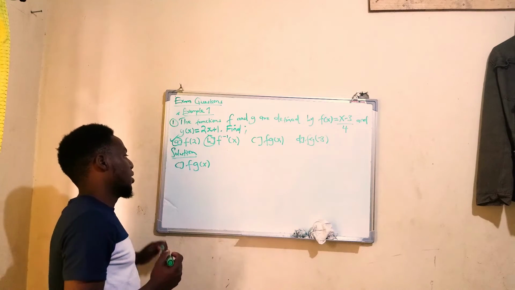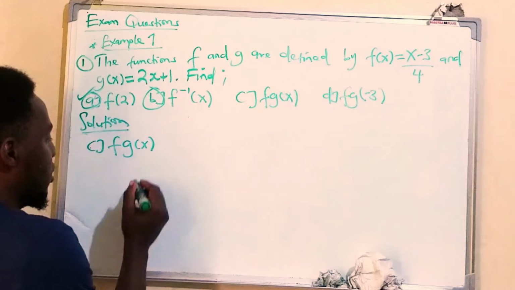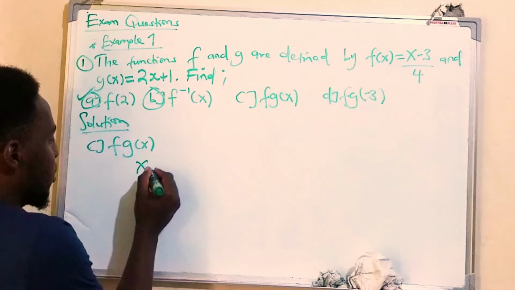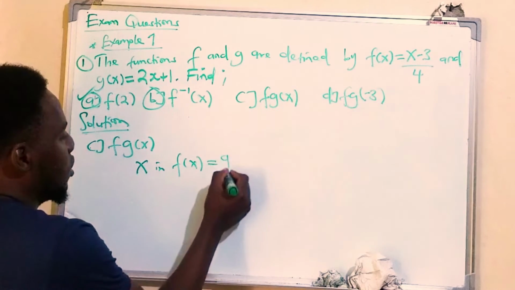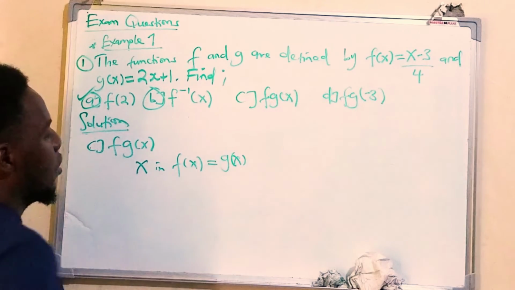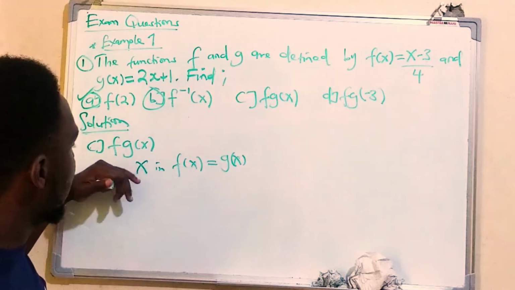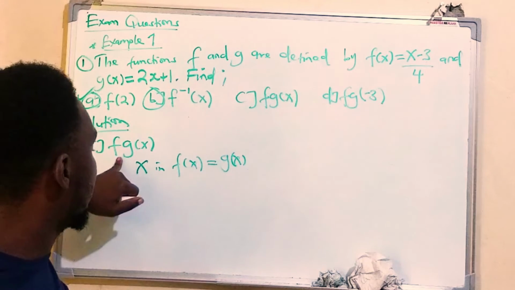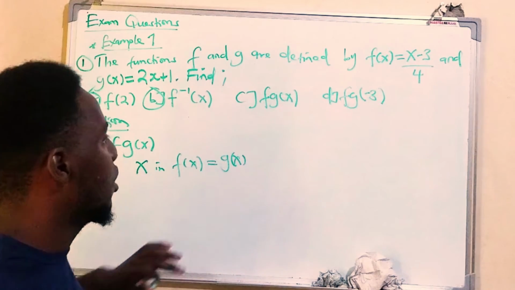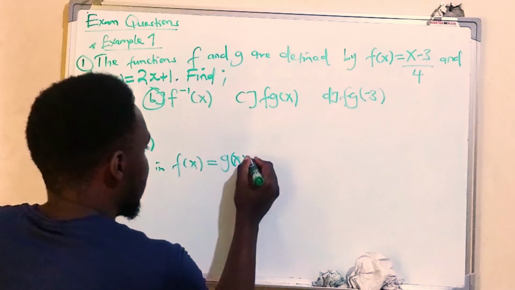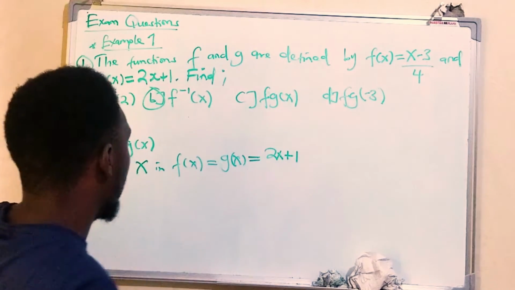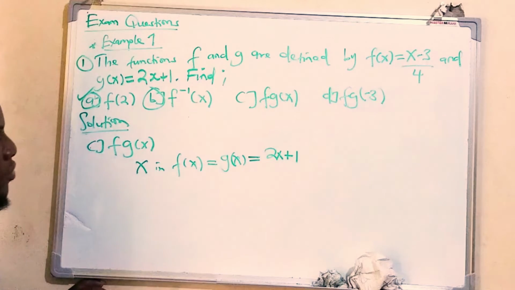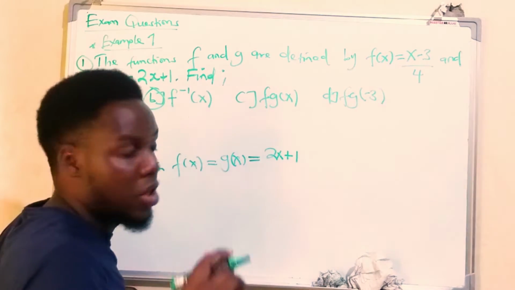What I'm trying to say here is that x in f of x is replaced by g of x. But what is g of x? G of x is 2x plus 1. So where there is x in f of x, we're going to put 2x plus 1.